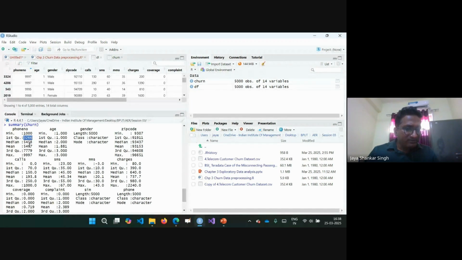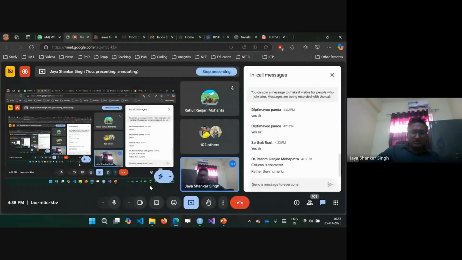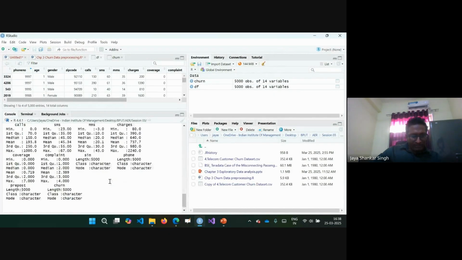Median means the middle value, so on both sides of the median I will have 50% of the data. Third quartile means 75% of the numbers will be below 7779. I hope you understand the first quartile and third quartile now. Okay, we'll move ahead.